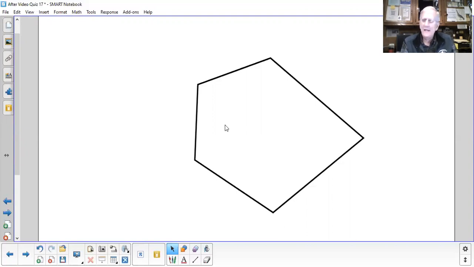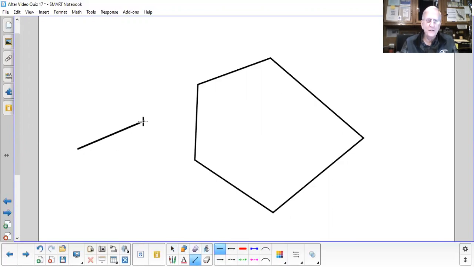Okay, can it be a religious figure? What do I mean by a religious figure? That's another Kellyism, but can it be like in church and cross itself? What do I mean by that? Well, a figure that crosses itself would be one where you have line segments that go like this, then like this, like that, maybe like this, down like this, and then back over here.